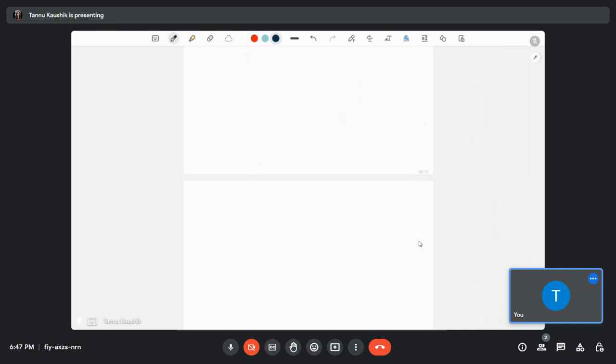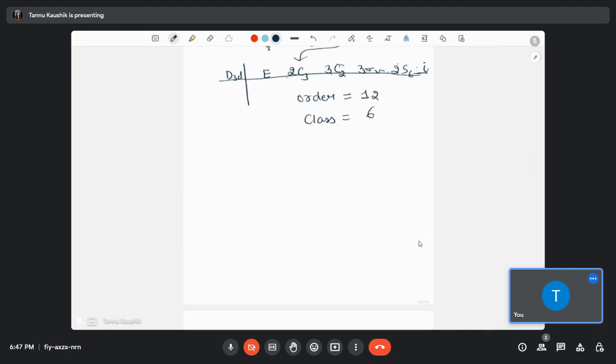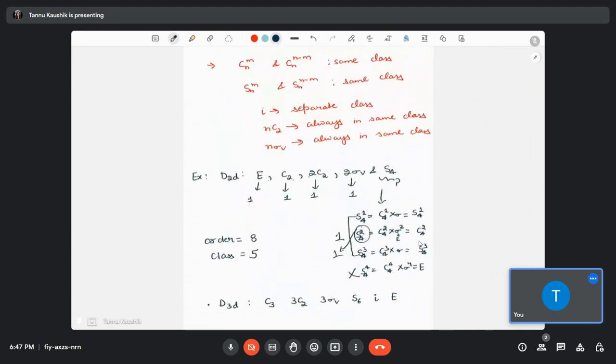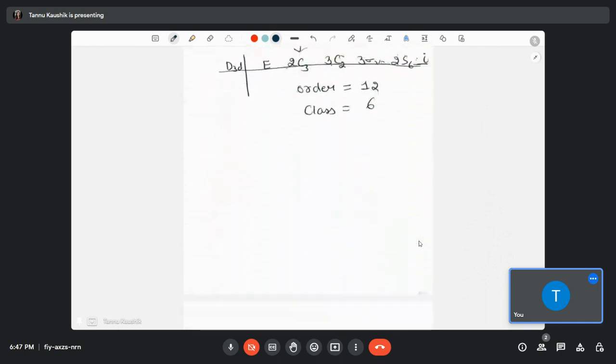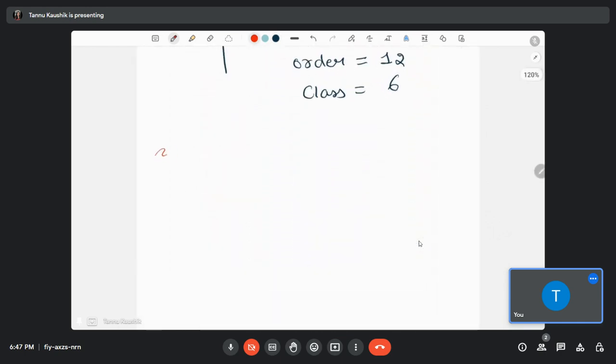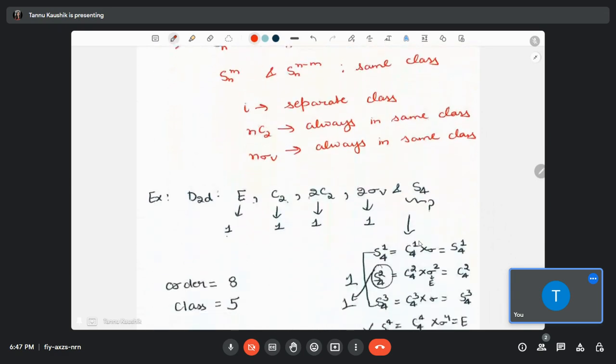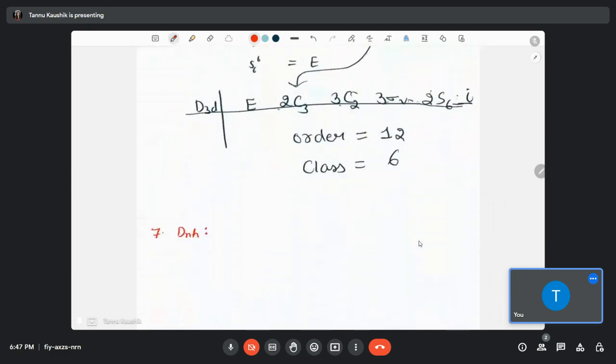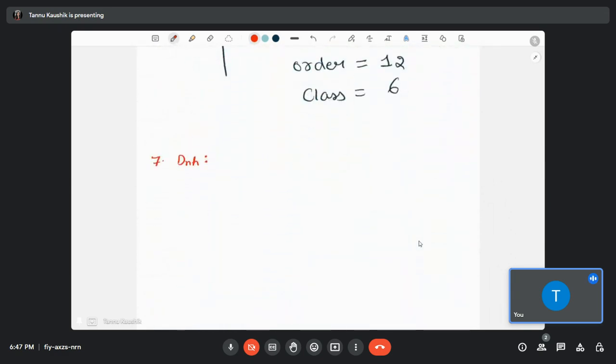So let us move to our last point group, which is Dnh. So what are the symmetry operations present in this point group?